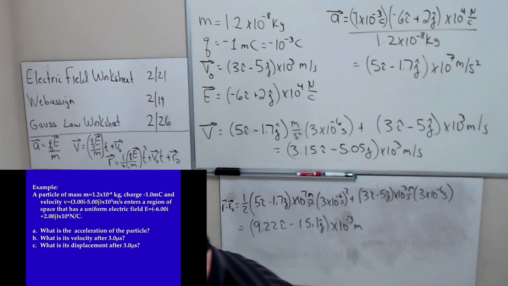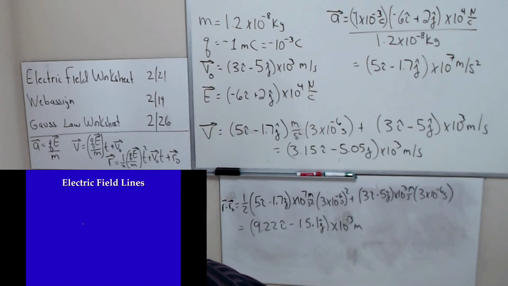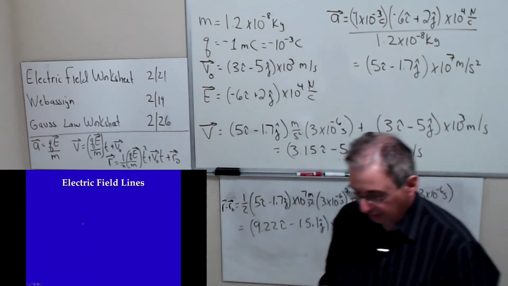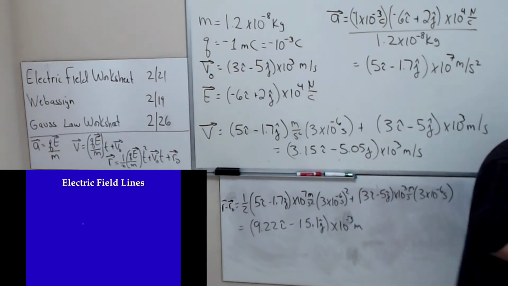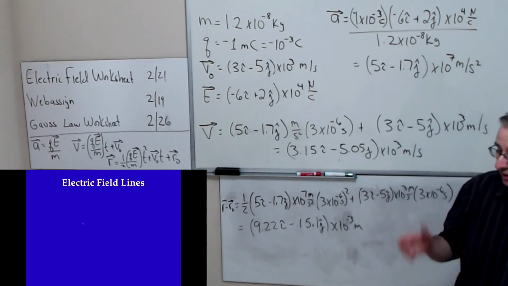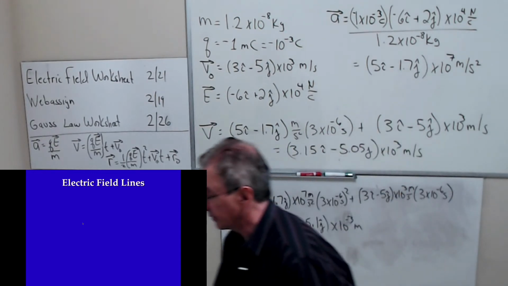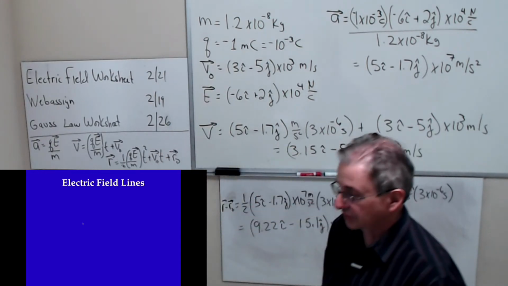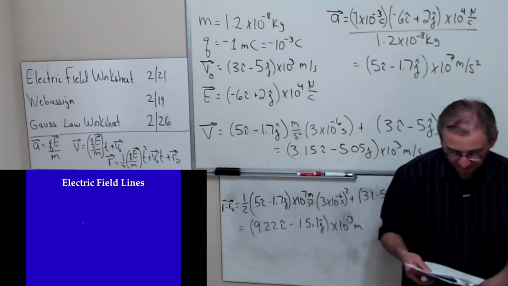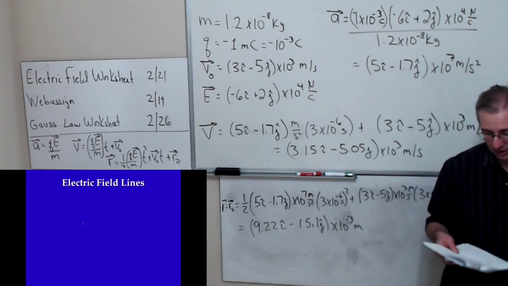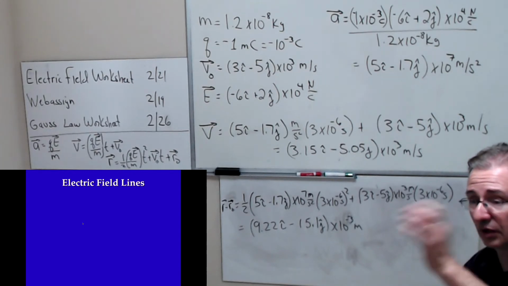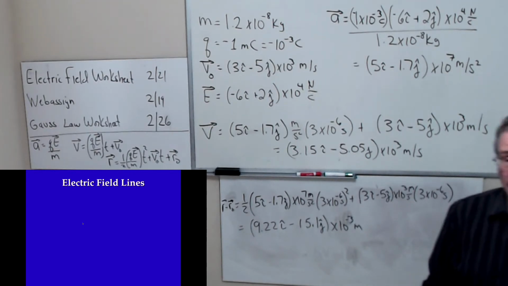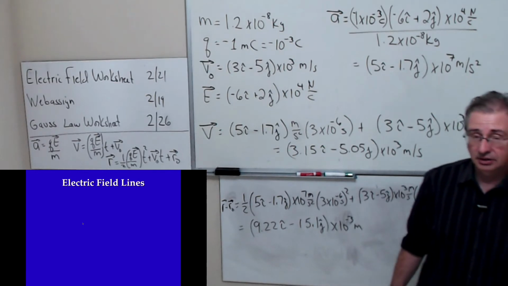Okay, all right. I want to move on and start talking about the concept of electric field lines. And the reason I want to do this is because this is going to lead into our discussion of Gauss's law. Now, as you remember, the force on a test charge is always directed along the line joining the test charge and the source of the field.